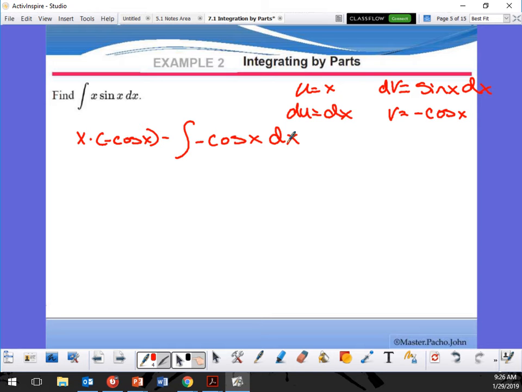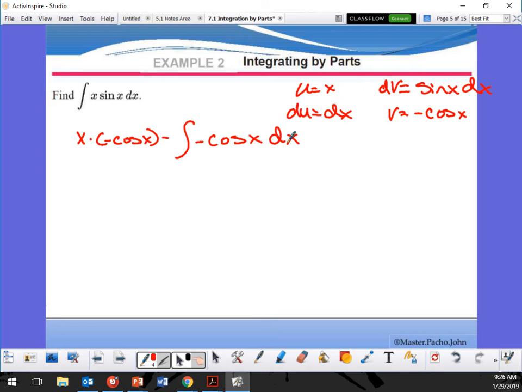So I'm plugging stuff in, and so now I could actually put this together. So can I take out that negative? I don't like having a negative inside there, especially when I'm minusing. So I can take that negative and put it where? In front of my integral, right?